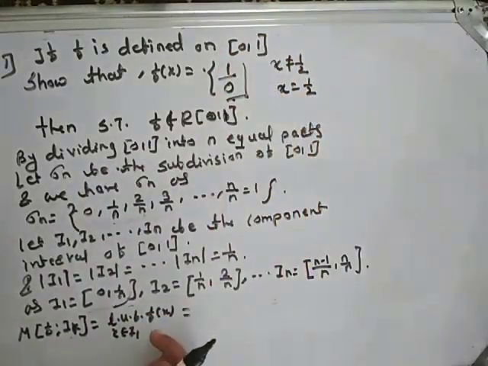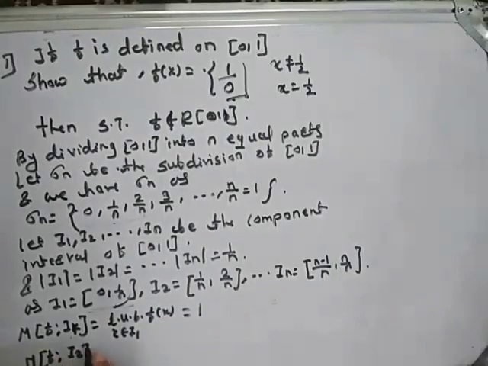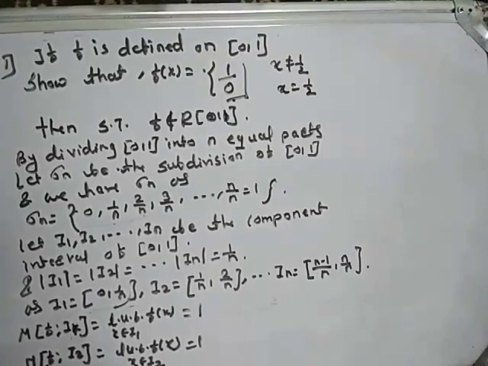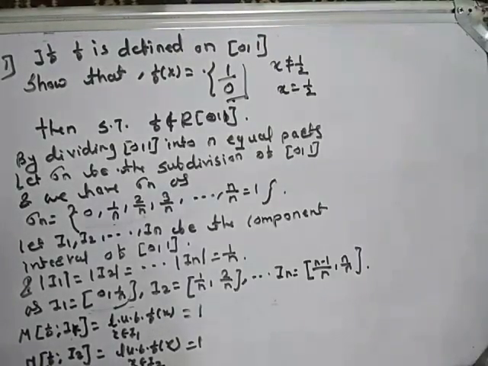So the least upper bound of f(x) is 1. This is for M(f, I1). Similarly, M(f, I2) is also the least upper bound of f(x) such that x belongs to I2. This is also 1, and so on up to capital M(f, In) is also 1.